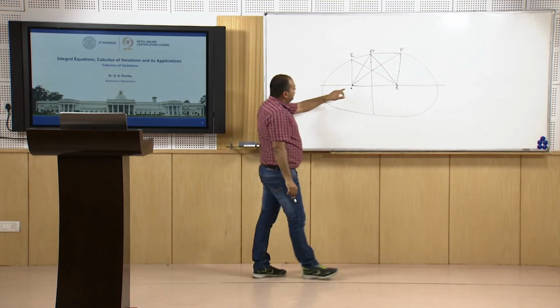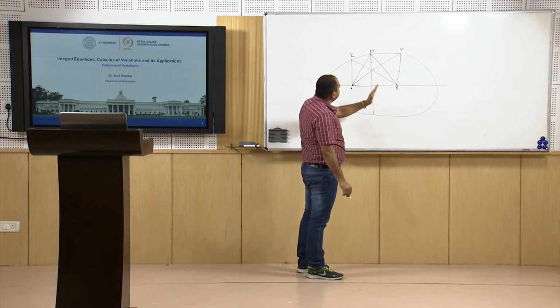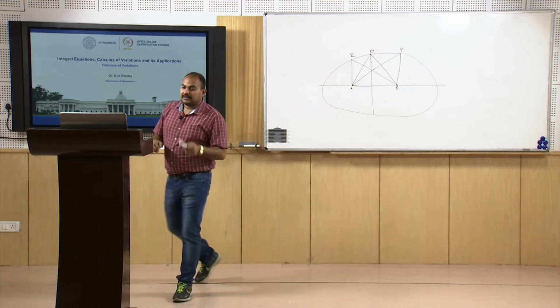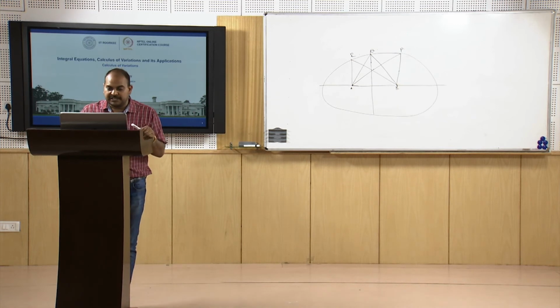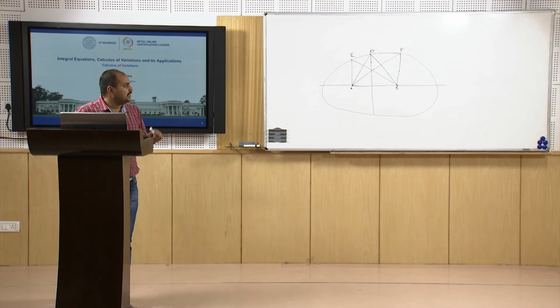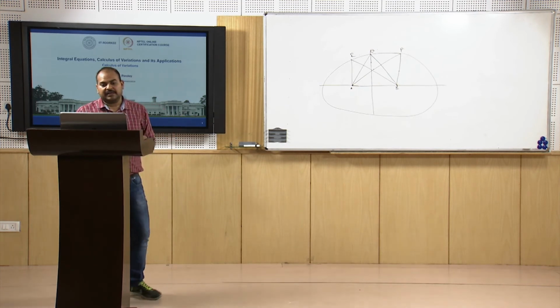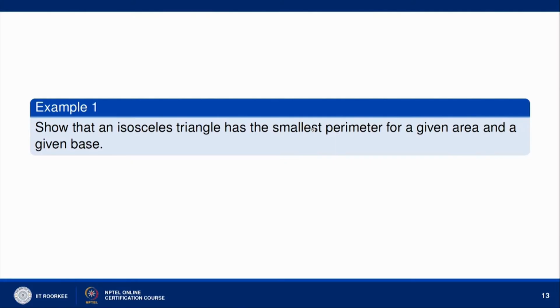This can be considered with the help of the reciprocity principle: the isosceles triangle has the smallest perimeter for a given area and a given base.